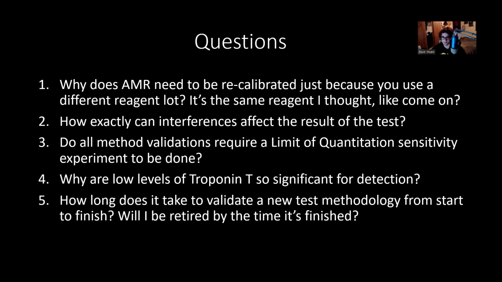Why are low levels of troponin significant for detection? Well, like I said, I kind of answered 3 and 4 in that. Troponin T is significant because if the patient has a rising troponin T level, 0.02, then you test them again.